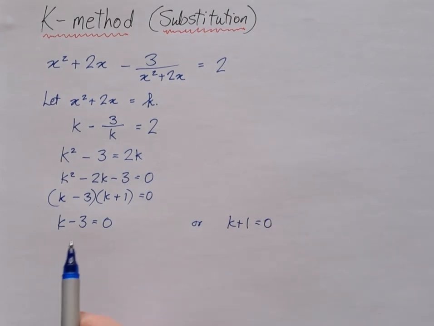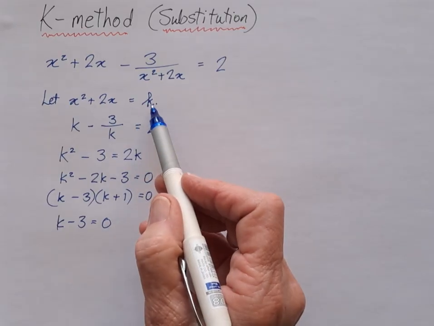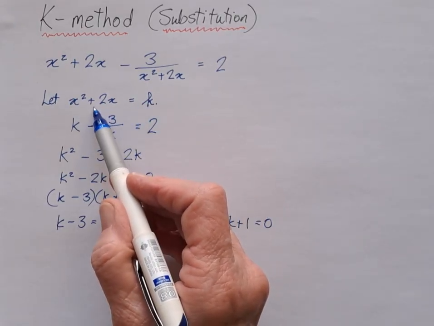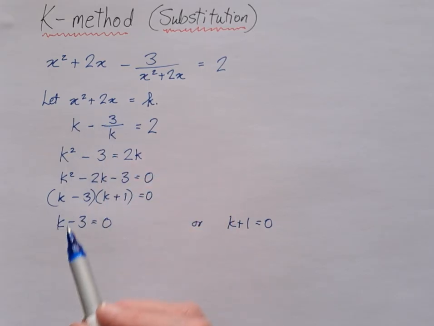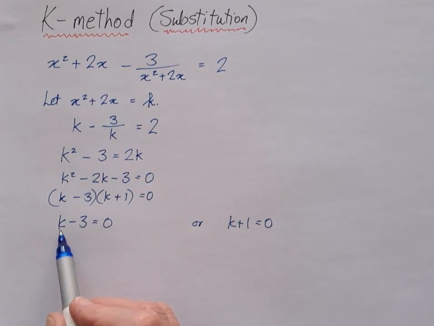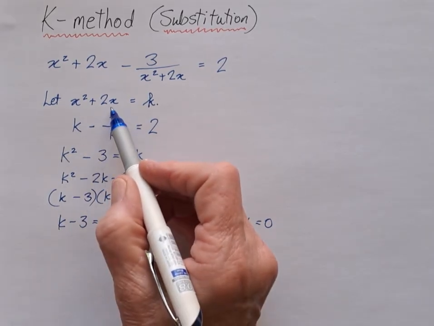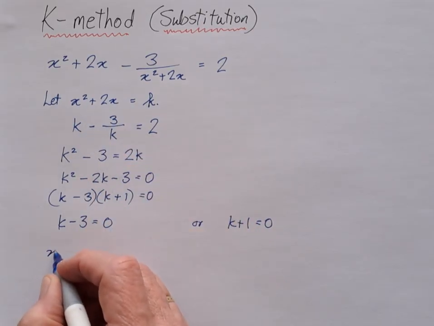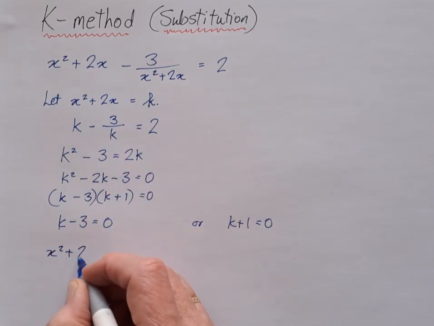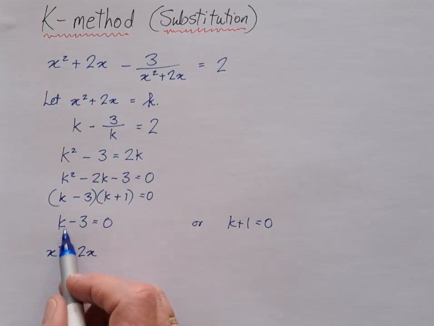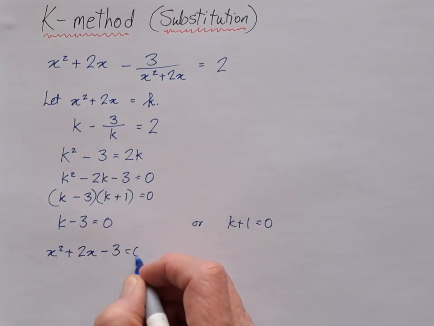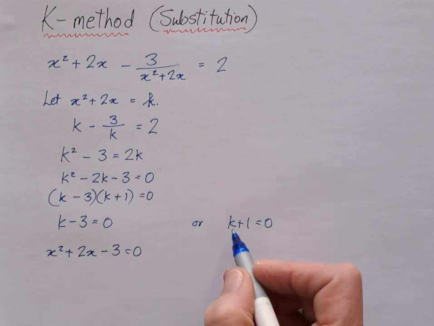And it's at this point that you now go back to see what K is actually representing. K is representing what you chose right at the beginning. So now instead of writing K, I'm going to substitute back and put my X expression in. So instead of K, I've got X squared plus 2X, but I've still got minus 3 equals 0. The same thing over here.